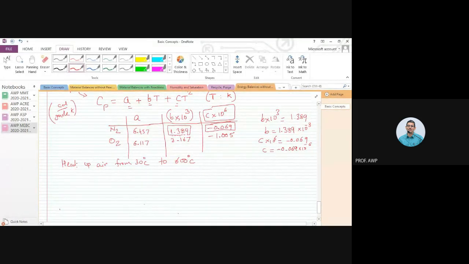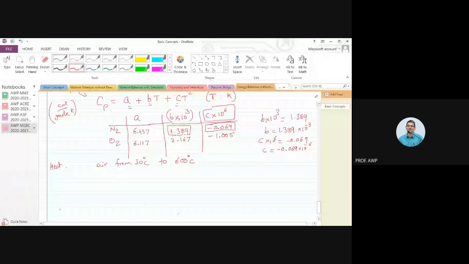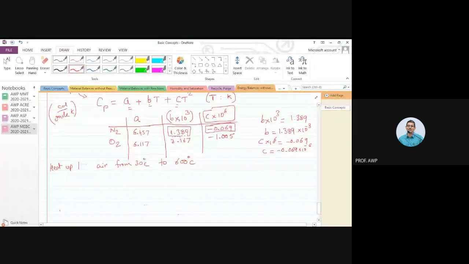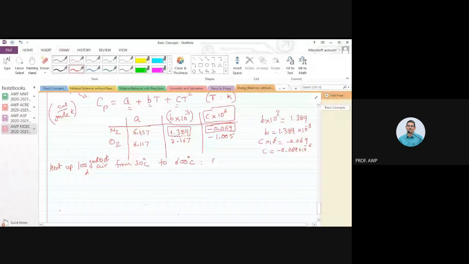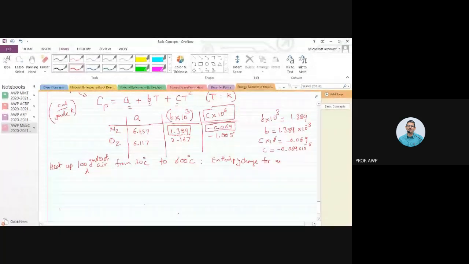Suppose we want to heat up 100 gram moles of air from 30 degrees centigrade to 600 degrees centigrade. What is the enthalpy change for air?